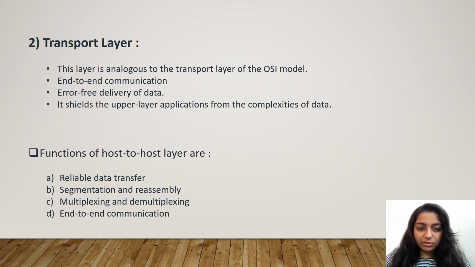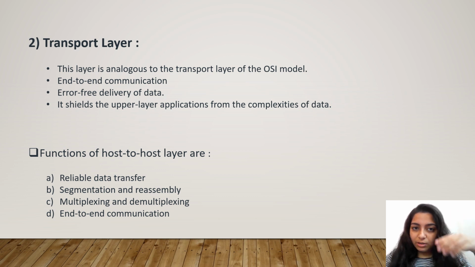Some functions are reliable data transfer. This means that the transport layer ensures that the data is transferred reliably between both the hosts, the sender and the receiver, by using techniques like error correction or flow control.